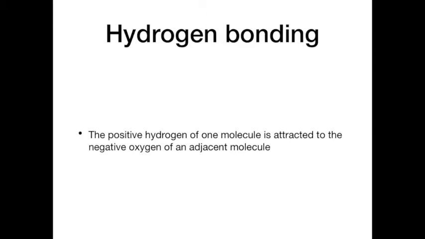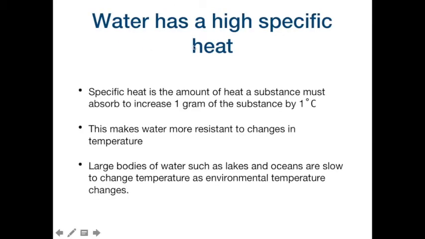First, water has a high specific heat capacity. What is specific heat capacity? It is the amount of heat a substance must absorb to increase 1 gram of the substance by 1 degree Celsius. Blah blah blah. It actually shows us how easy or how difficult it is for a substance to get hot, absorb heat, and raise its temperature.